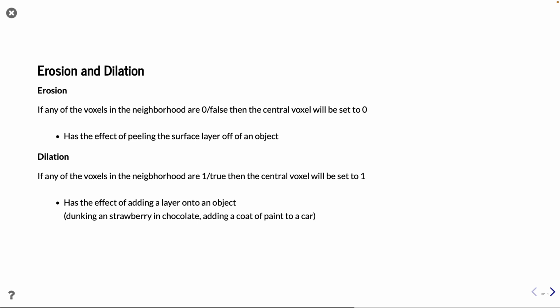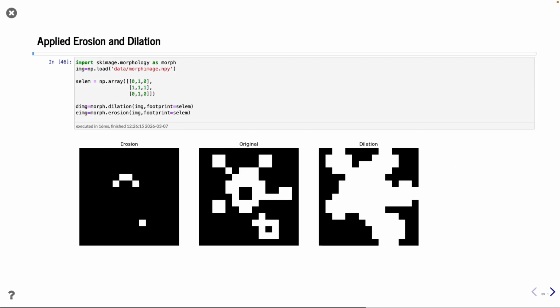And you actually already have these implemented in scikit-image. So having this original structure, you see that there are some tiny details. You have holes, you have bridges, and also smaller structures on the sides.